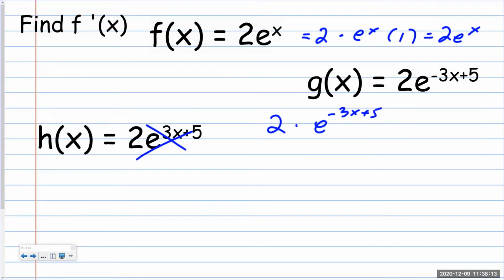Then you multiply by the derivative of your exponent. What's the derivative of negative 3x plus 5? Okay, and then I'm going to simplify this. When I simplify this, do you see the 2 and the negative 3 are like monomials, okay? And they can be multiplied together. And so now you have negative 6, okay?